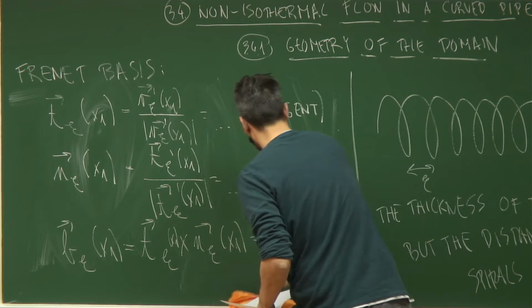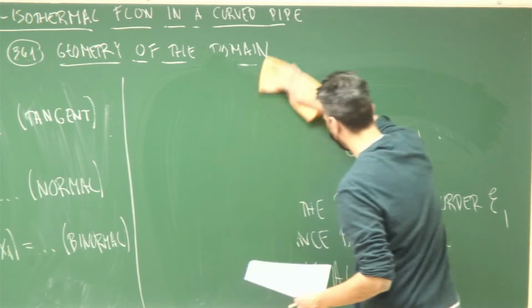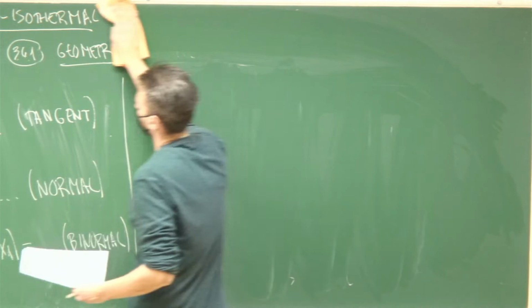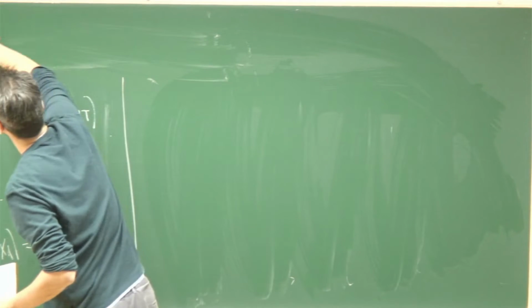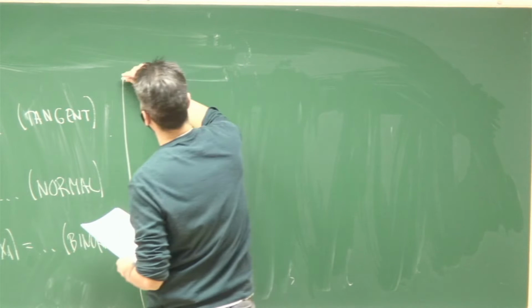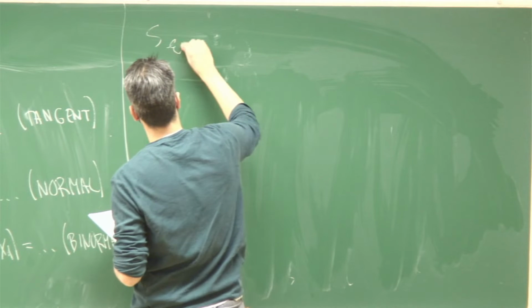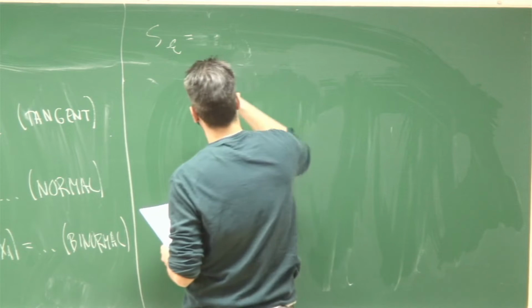And what do you do? Well, as I mentioned, you somehow need to transfer your problem from this helicoidal domain to a thin straight pipe. There's a procedure to this. So you define, for example, S epsilon as a thin straight pipe.